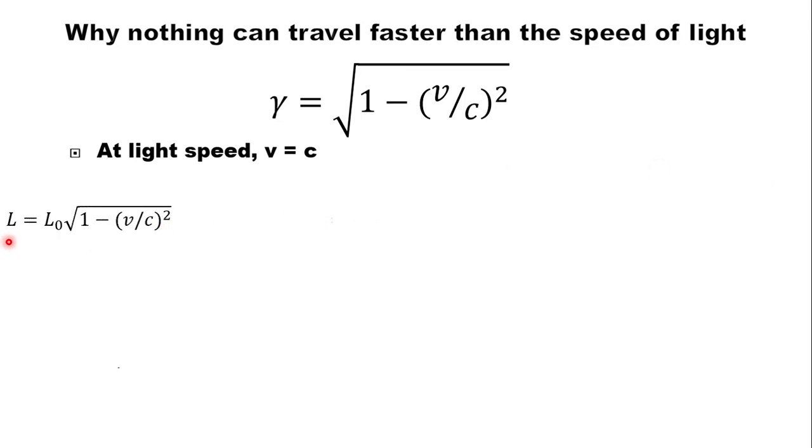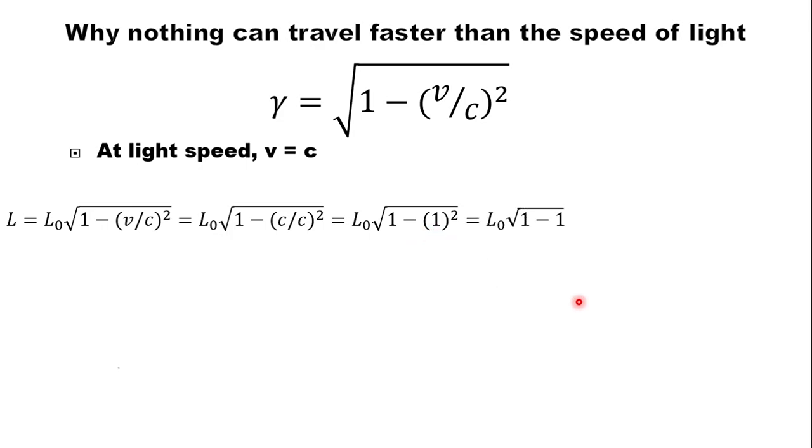So if we take our equation for the length of the object and we plug in the speed of light as its speed, we have c over c, and anything divided by itself is equal to 1. So we now have 1 minus 1 squared. 1 squared is 1. So we have the square root of 1 minus 1. 1 minus 1 is 0. The square root of 0 is 0.